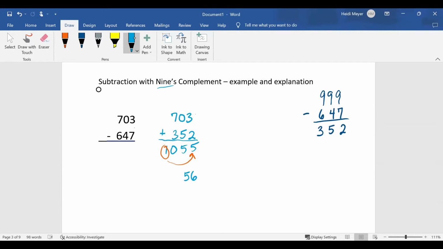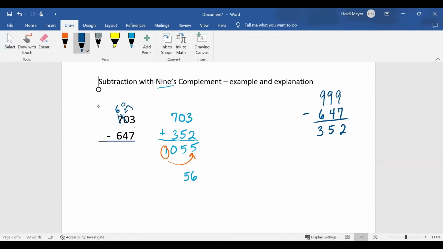So let's check this. Let's go back and do the subtraction the standard method that people typically use. We look at the problem and we say, well, we can't take 7 away from 3 because 7 is bigger. So we want to look next door to borrow, but we can't borrow from 0. So we're going to come all the way over to the 7, borrow from the 7, bring that into the 10's place, continue with the borrowing.